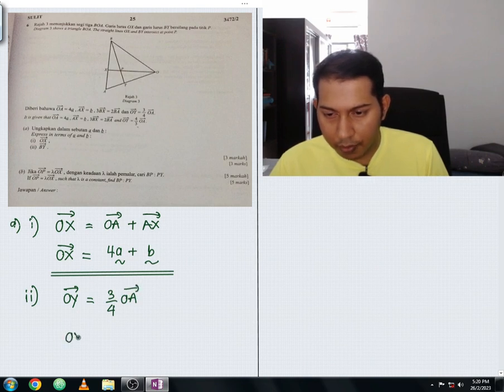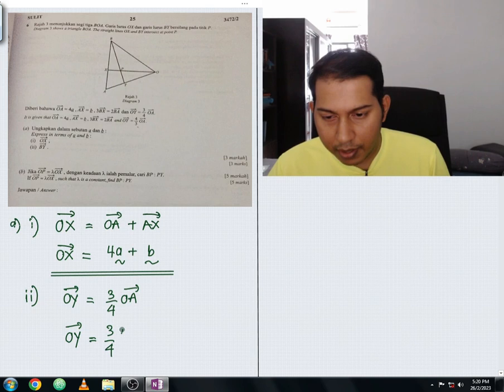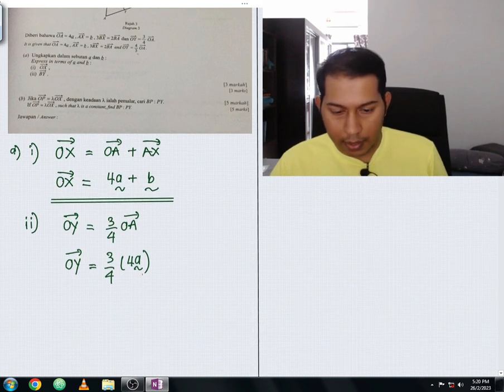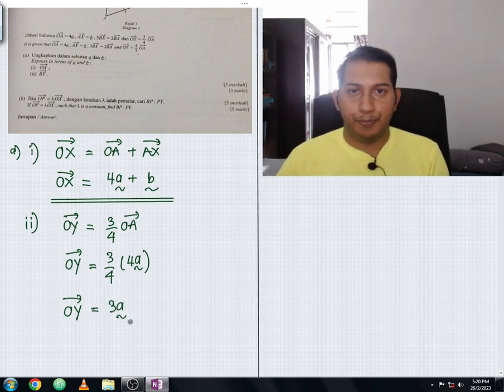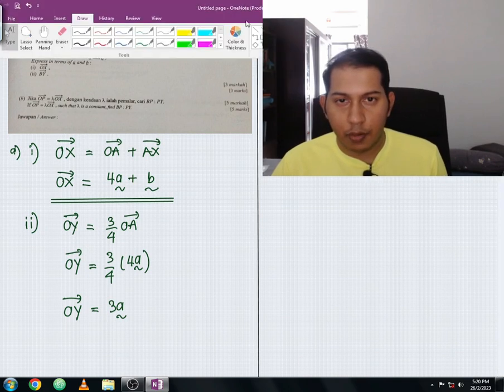OA in this case is 4A. So you just substitute inside times with 4A. Okay, you calculate this. You should get your vector OY is equals to 3A. Okay, so this is literally one of the step.